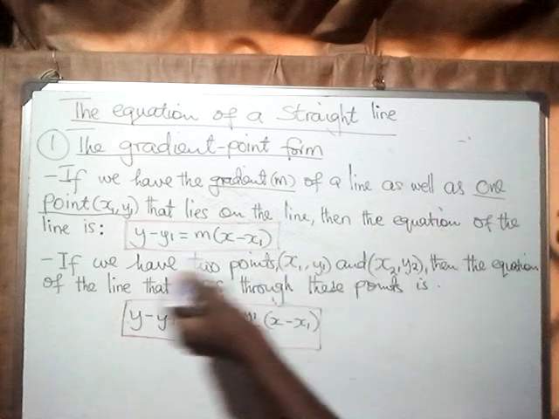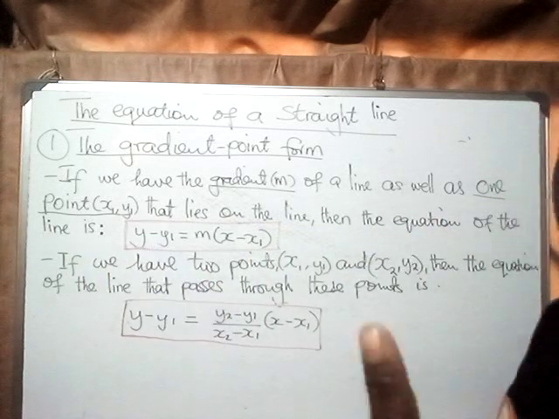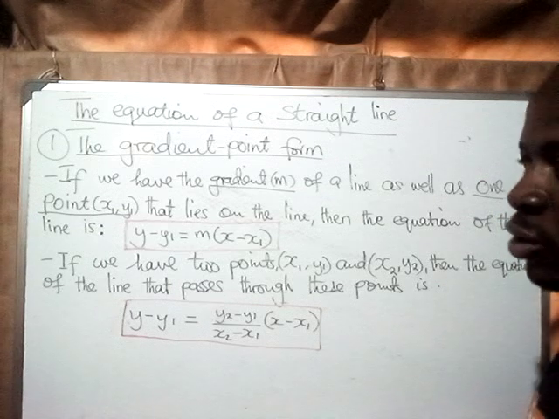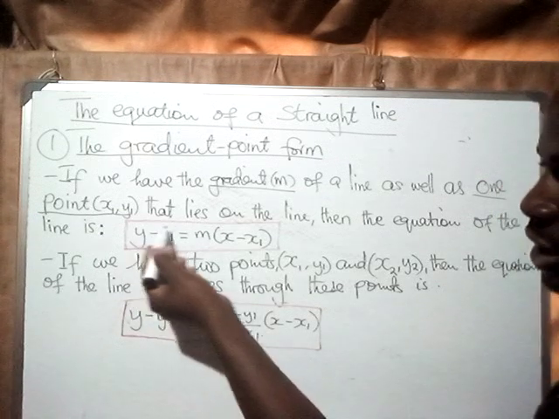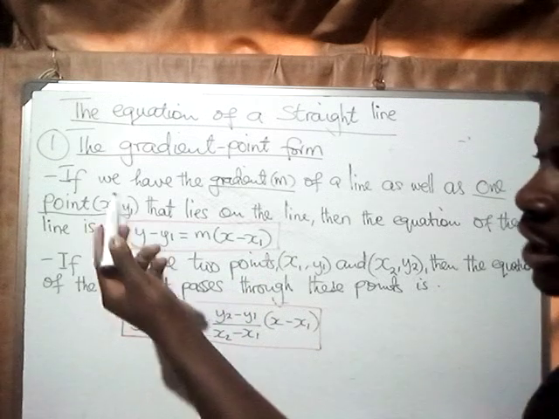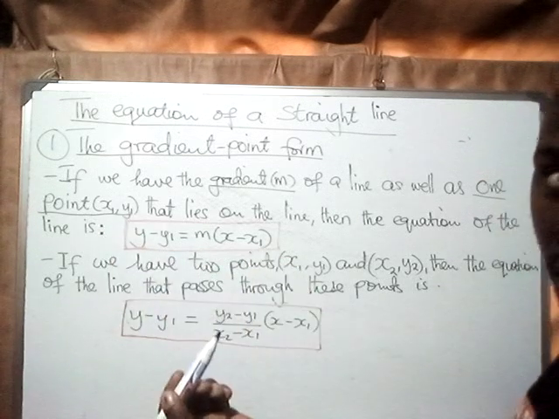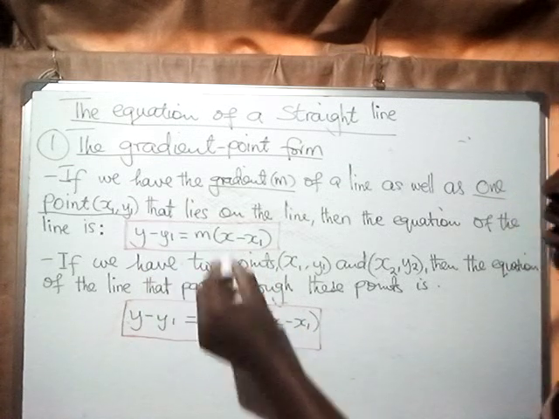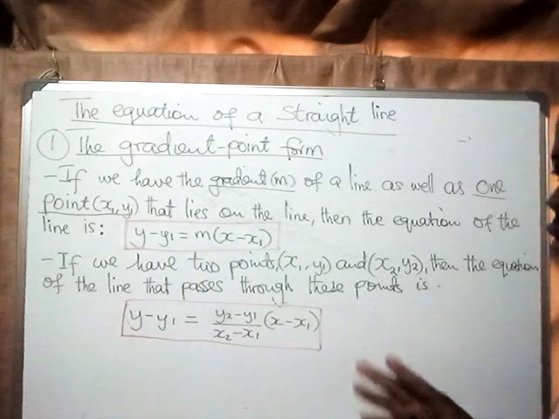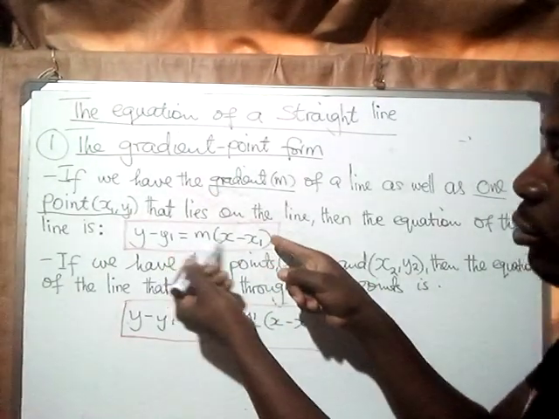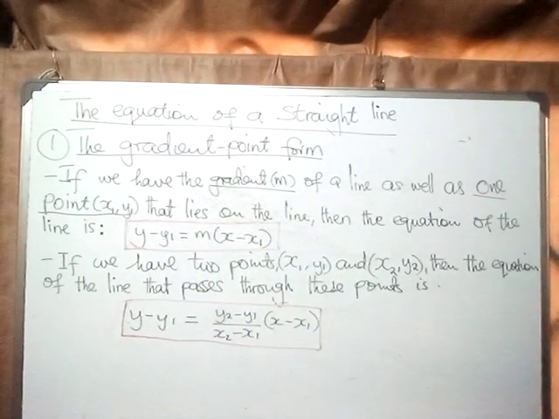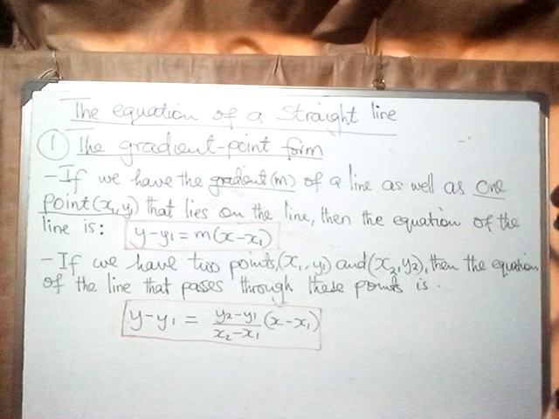If you have been given the gradient and the point x1, y1, you use this formula. If x1 is 2, you put your 2 there. If y1 is 5, you put it there. And the gradient given, you put it there, then you expand, multiply, and group like terms together. That will be the equation of the straight line.